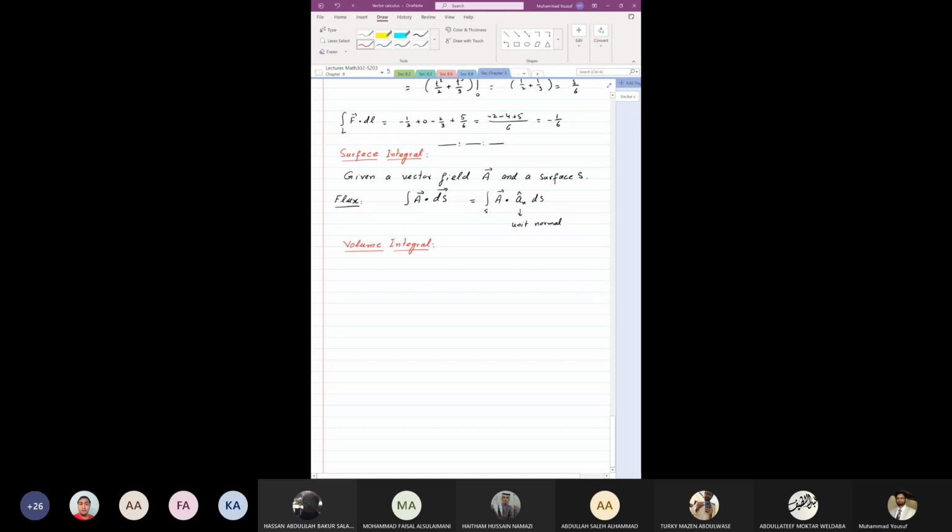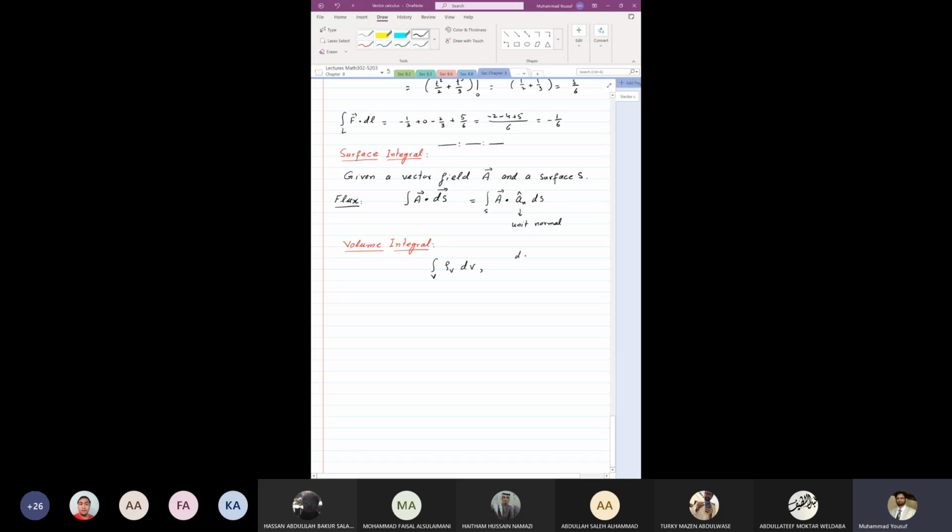Volume integral is defined as the integral over some solid of rho v dv, and we know what dv is in Cartesian coordinates, in cylindrical coordinates, and in spherical coordinates.